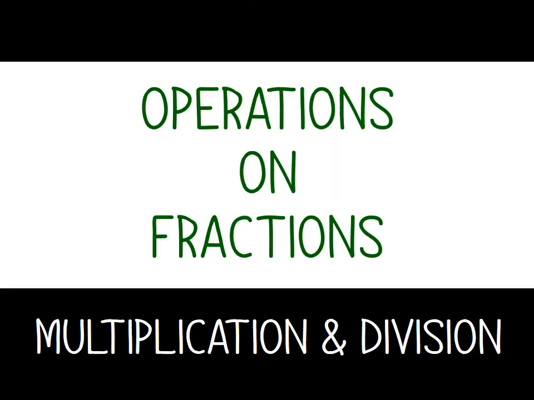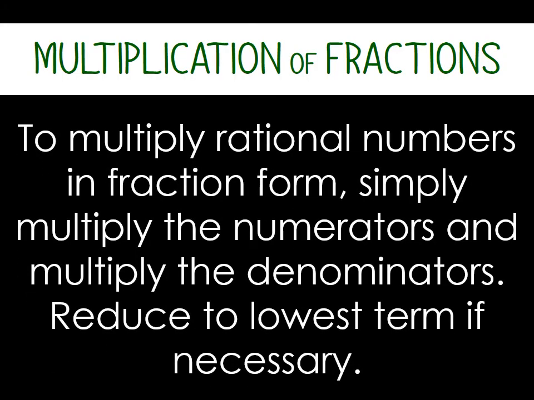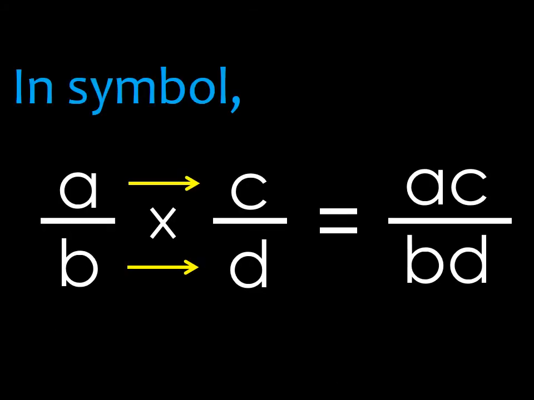So next, punta naman tayo sa multiplication and division of fractions. So, for similar fractions, for multiplication, simply multiply the numerators and the denominators, then reduce to the lowest term. This rule is applicable for similar and dissimilar fractions actually.